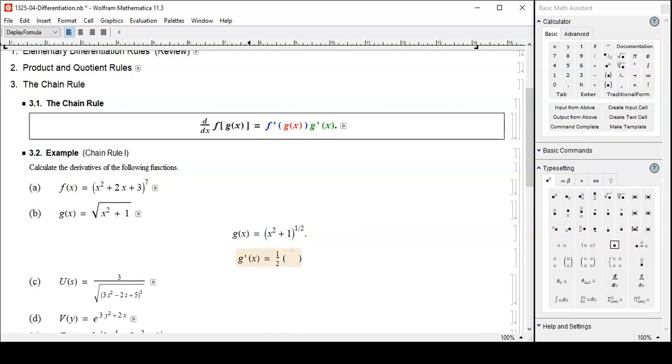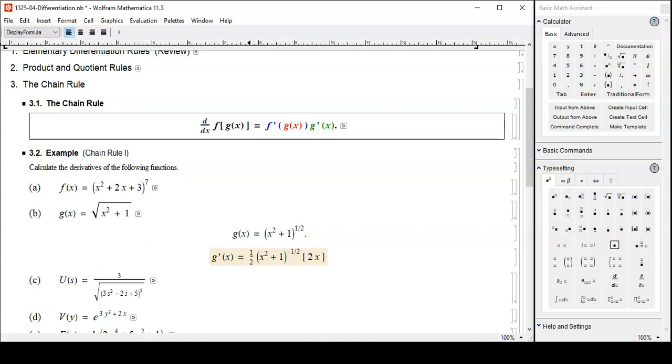And then you subtract 1 from the power. And then inside stays the same. And finally, like a dangling chain, you have to multiply the derivative of the inside. And that completes the problem.